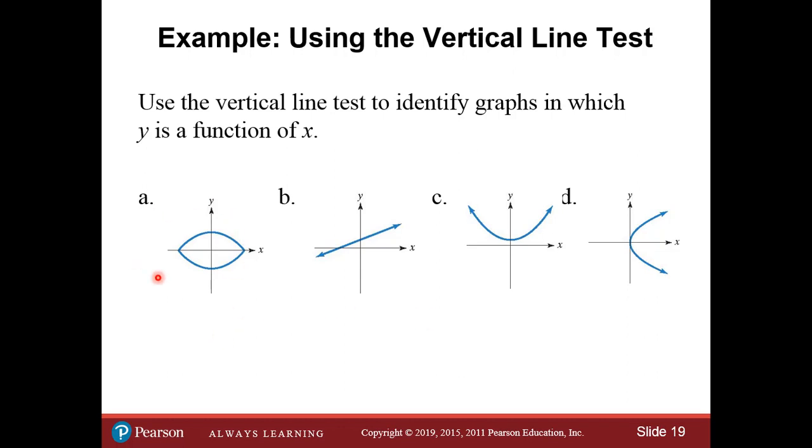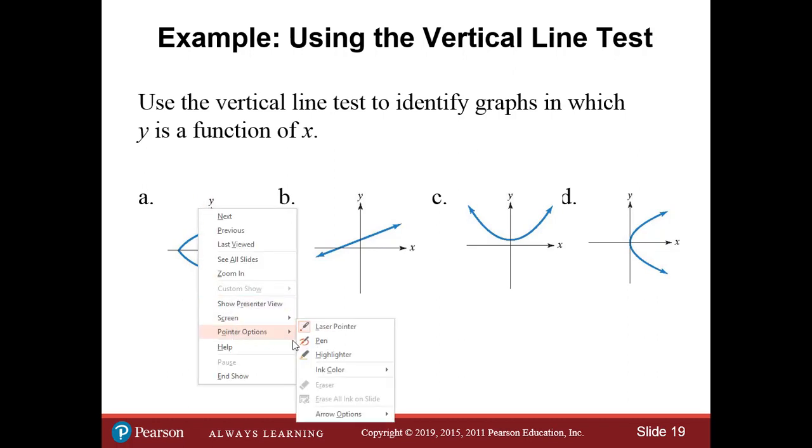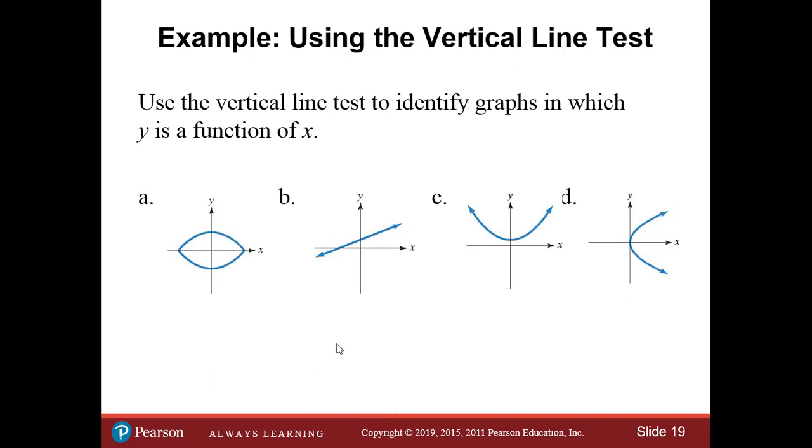So if we look at A, can I draw a vertical line that intersects at more than one place? The answer is yes. I can draw right here, or right there, and it intersects here and here. So since it intersects at more than one place, it's not a function.